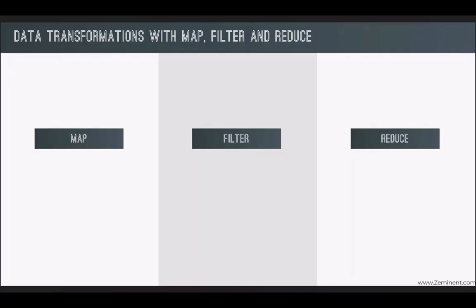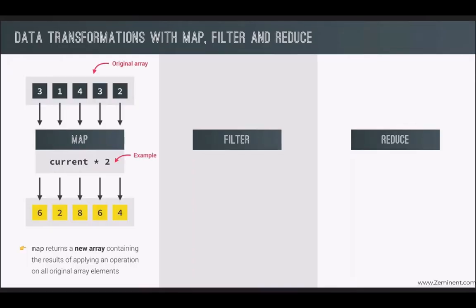Essentially, the map method takes an array and loops over it, and in each iteration it applies a callback function that we specify in our code to the current array element. In this example, the map method multiplies every single element by 2 and puts it into a new array. So we say that it maps the values of the original array to a new array.